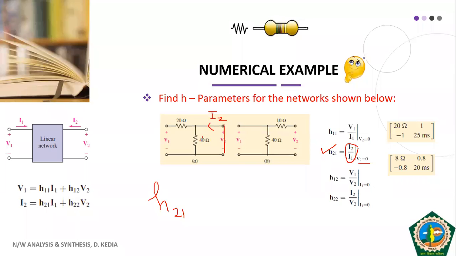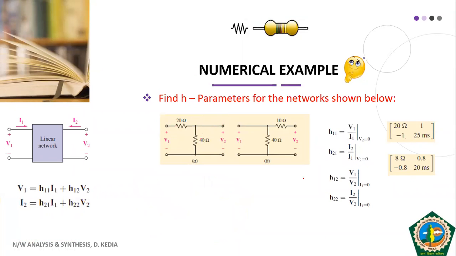Now you see this is short, so this resistance is no longer in the picture. I1 is coming from that side. So you apply KCL here, that is I1 plus I2 equal to 0, and I1 equals minus I2. The ratio of I2 upon I1 is nothing but minus 1. So H21 is nothing but minus 1. See, this is what has been represented here. Very simple.